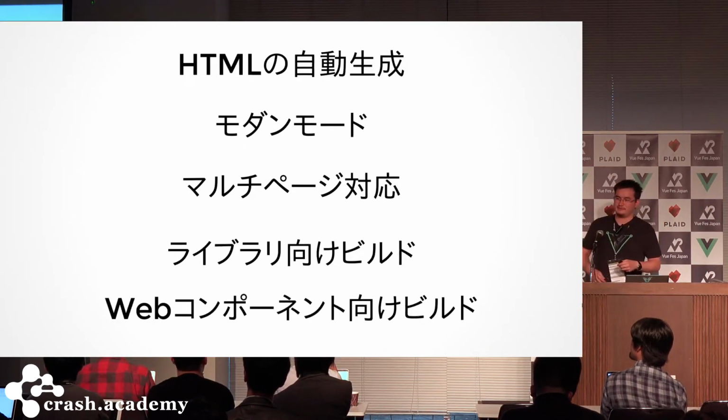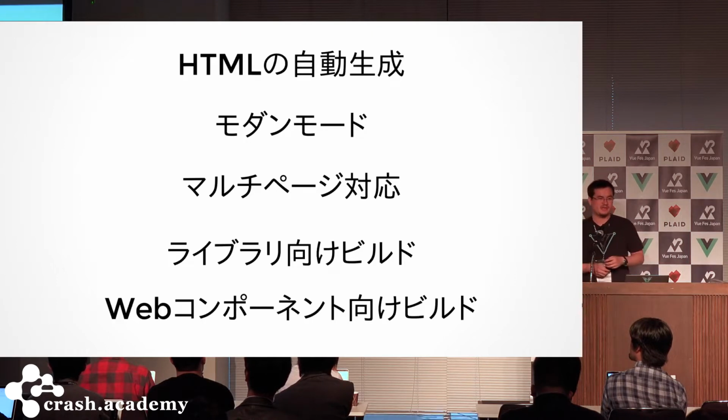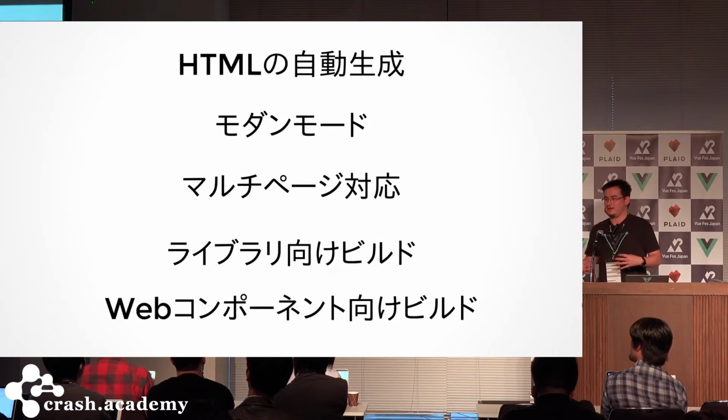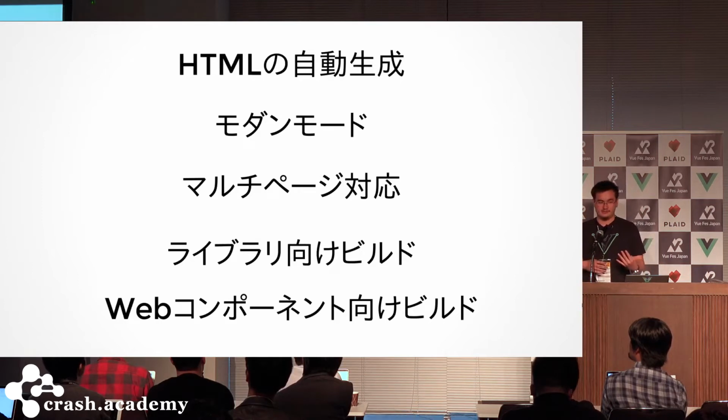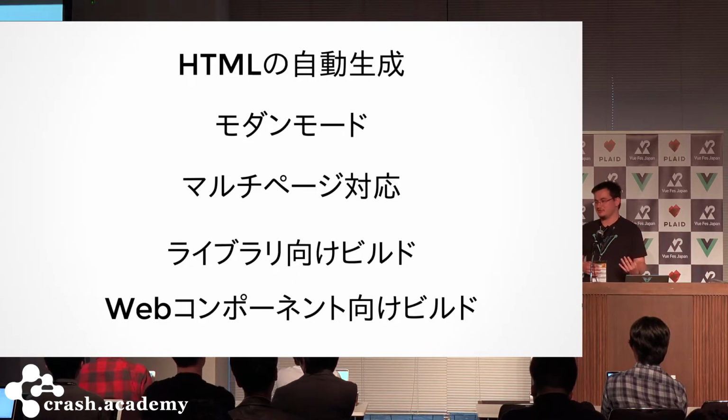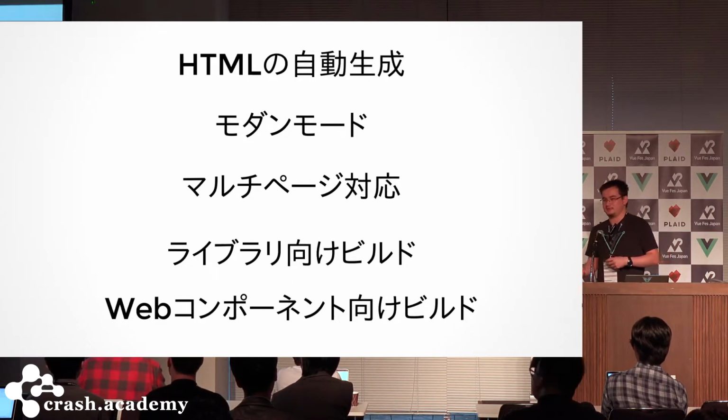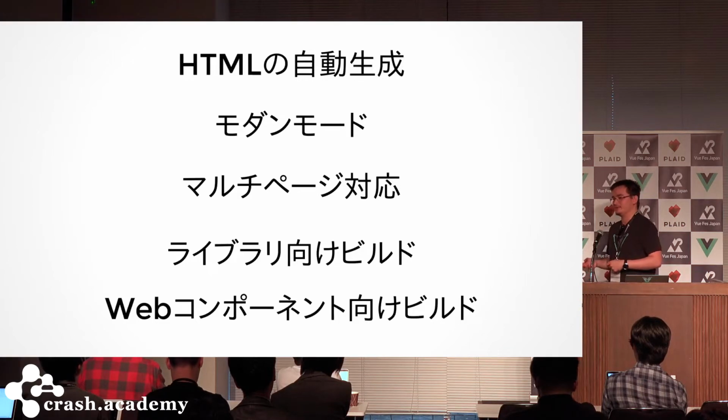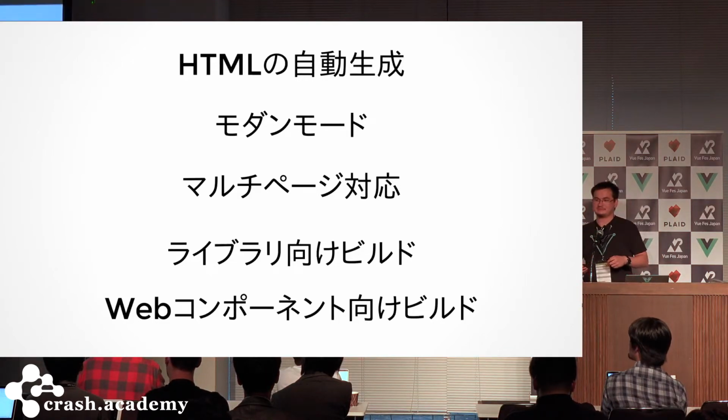There are a lot of other features like web component compilation target, and modern mode, which is very nice because it builds two different versions of your app: one with all the Babel polyfills and transforms for old browser support, and a modern build with less of that, which will be faster and lighter on modern browsers.